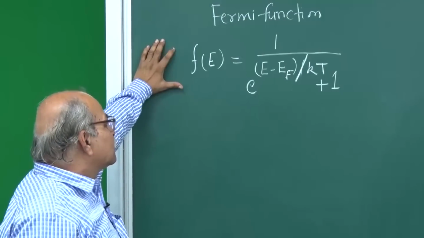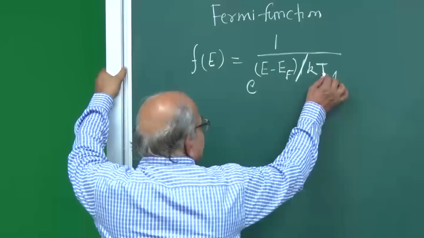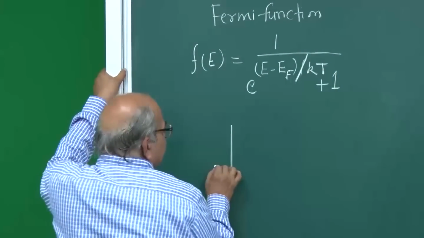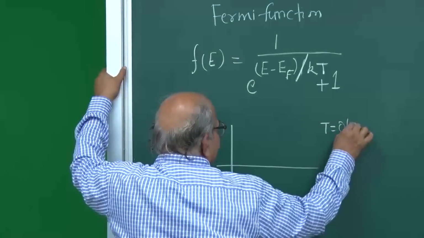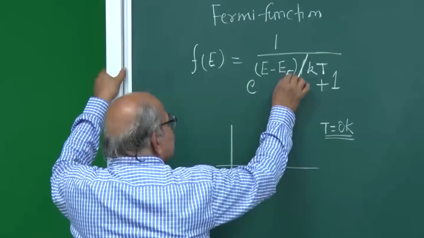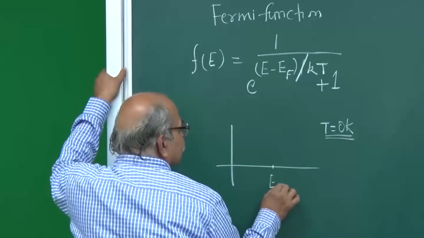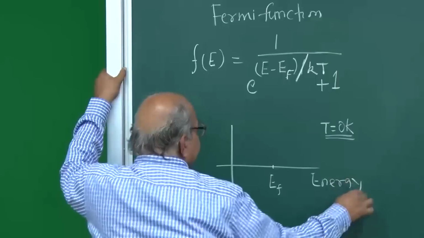If you try to plot this, this temperature is a fixed parameter here. So if you look at T equal to 0, and this is another constant appearing here, so let's say this is EF, this side is energy, and this side is this Fe.